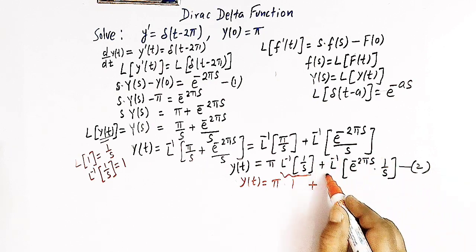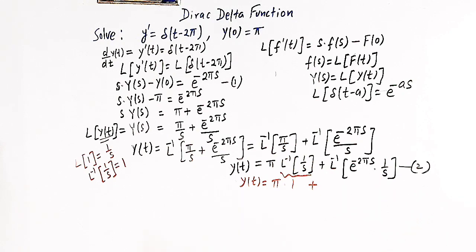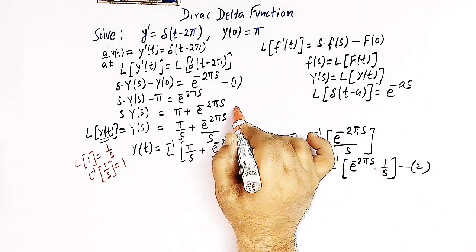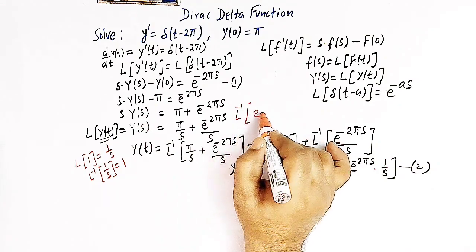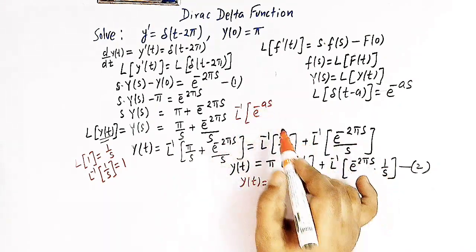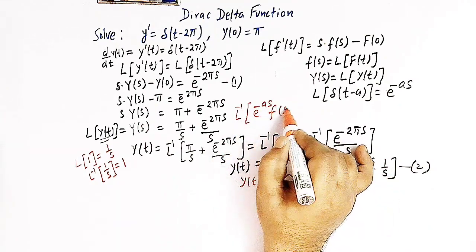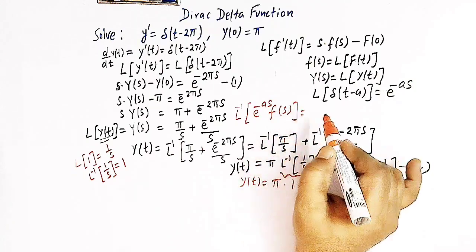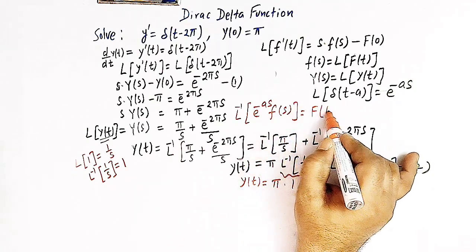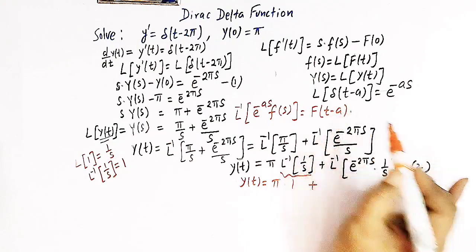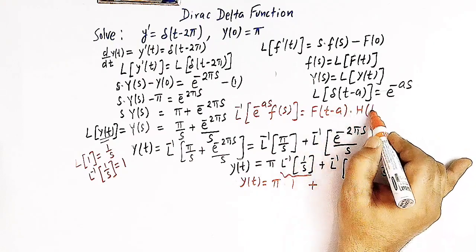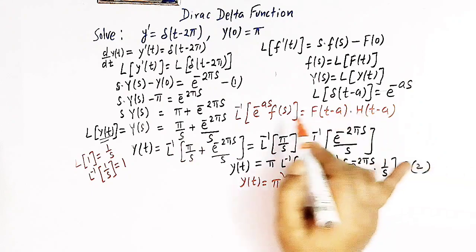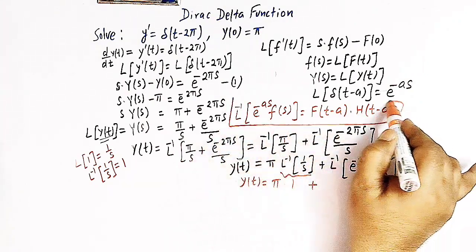and to get the value of this expression, we'll again make use of an important result from inverse Laplace transform, that is L inverse of e raised to minus as times F of s is given by f of t minus a times h of t minus a, right? This is an important result.